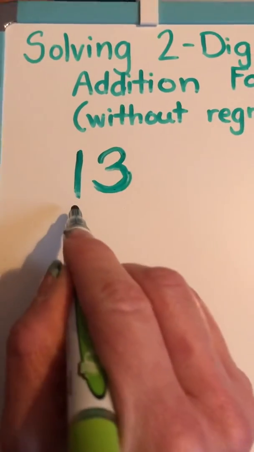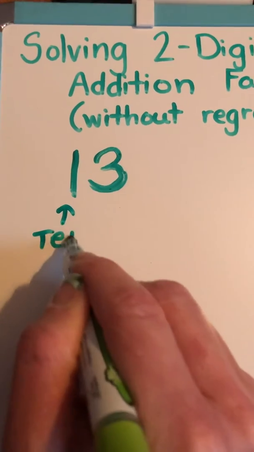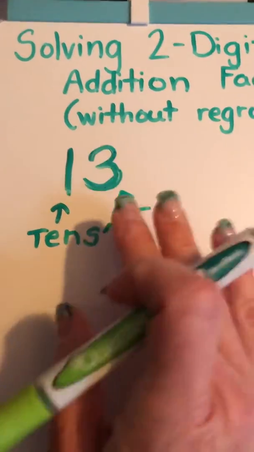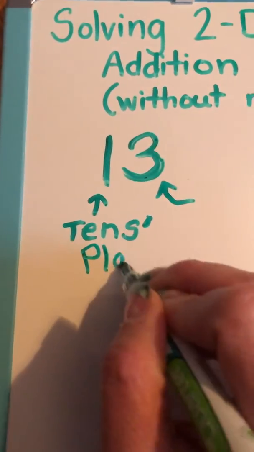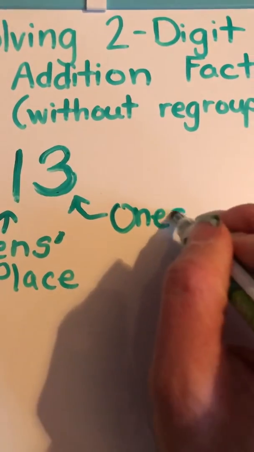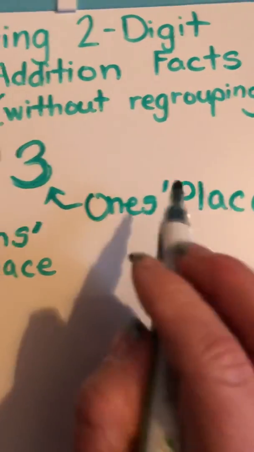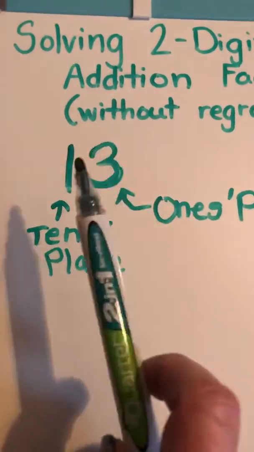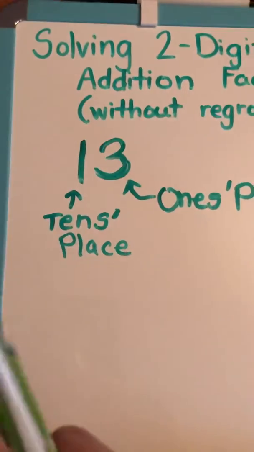Okay, the 1 is in what we call the tens place. Tens place. And a 3 is in what we call the ones place. Okay, so 13 is 1 ten plus 3 ones, and that is 13.